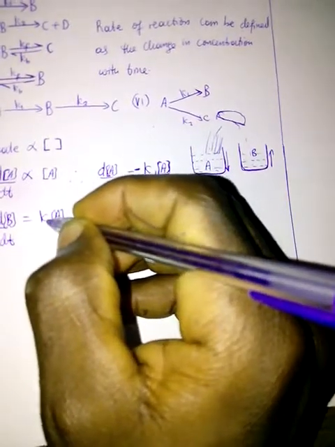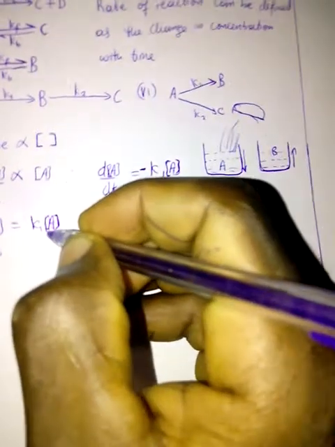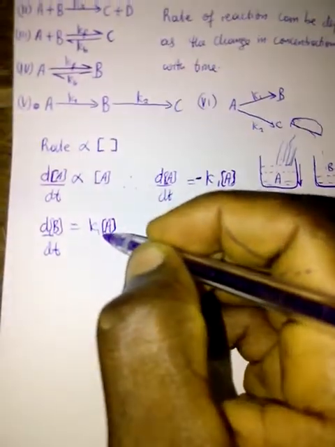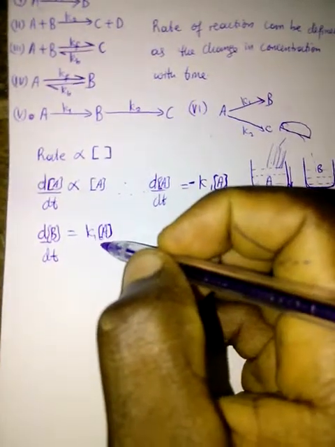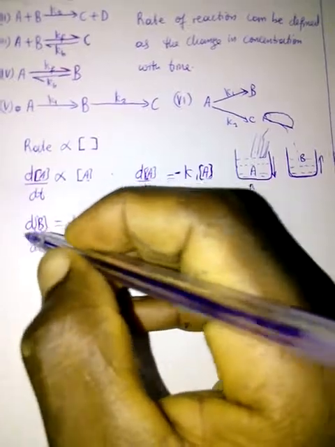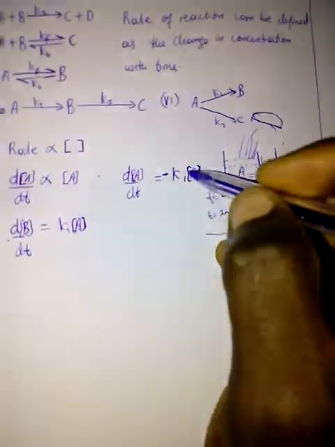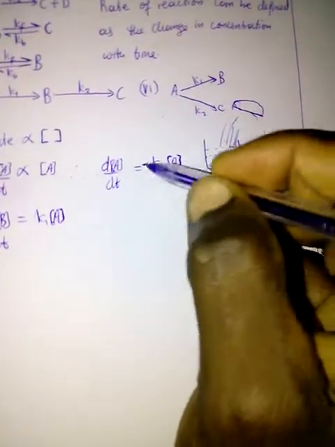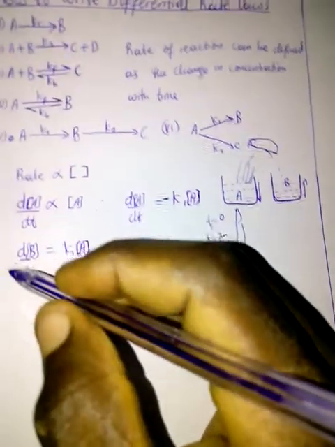This rate constant will always multiply the concentration of the reactant. But we don't have any negative sign either here or here. So it's the same thing with the rate of reaction of the reactant, but this is for the product, which is B.